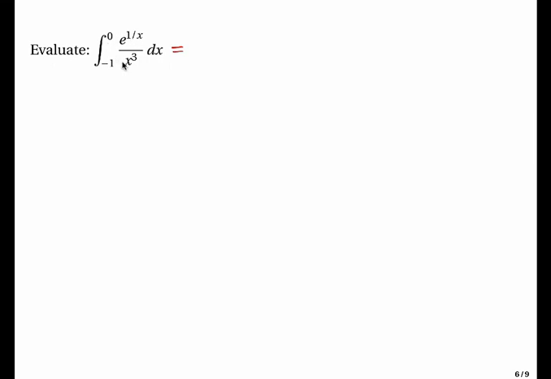Now, we write this as the limit as t goes to 0 from the left. Take note, you have the interval from negative 1 to 0, so t should approach 0 from the left, of the integral from negative 1 to t of e to the 1 over x all over x cubed dx.